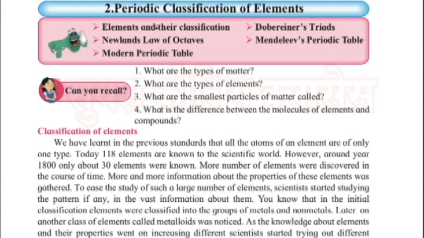So we'll start from what are the different types of matter or different states of matter. Students, there are three states of matter mostly: solid, liquid and gases, and one more state is there that is called as a plasma state. Okay, so you know the examples of solid states means wood, glass, rubber.